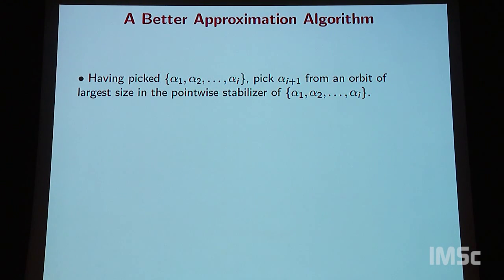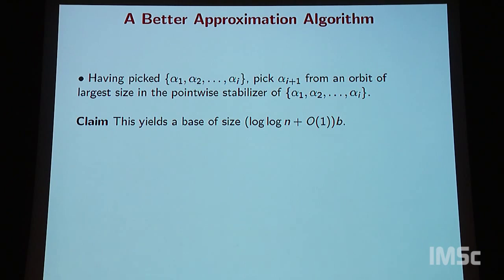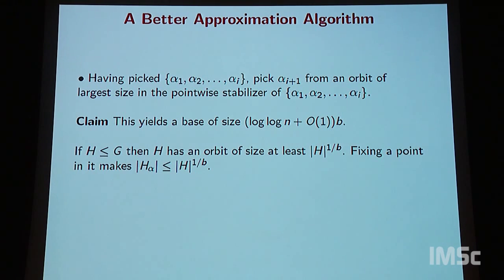So I won't pick a point from any non-trivial orbit. That's enough to shrink my group. But I'll pick one from the largest orbit. If I do that, then it turns out that this yields a base of size log n times the minimum base size. And here is a simple argument for it.